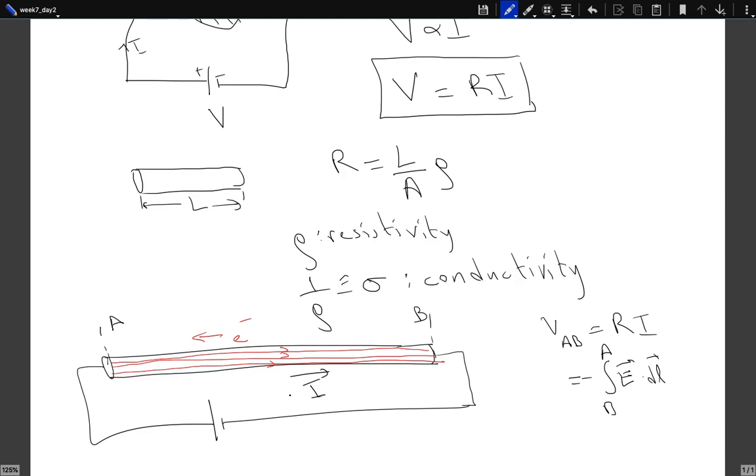The electrons inside the metal will be moving opposite to the electric field. Then they will come to the battery, and the battery will move that electron from a low potential energy to a high potential energy.